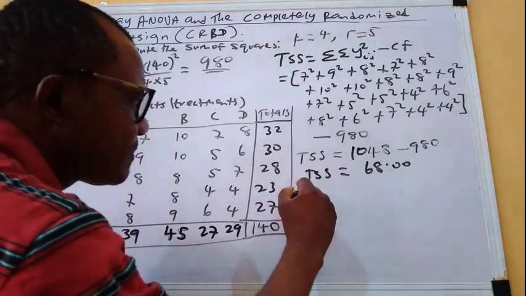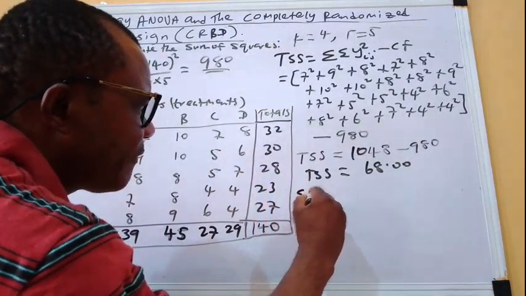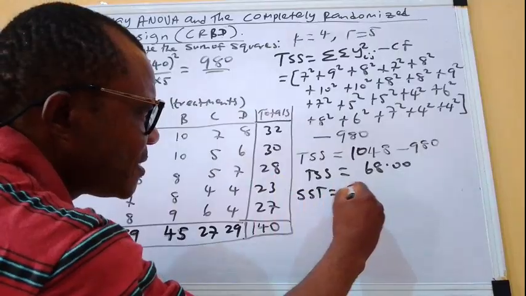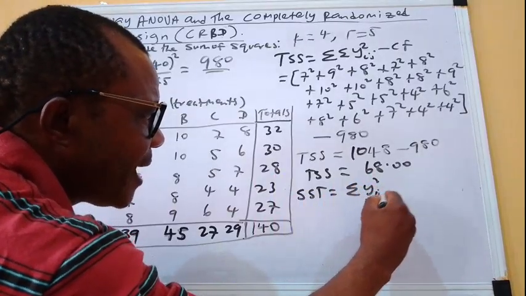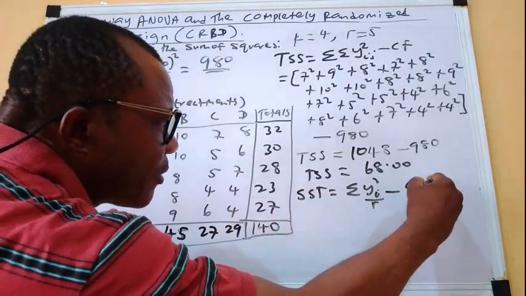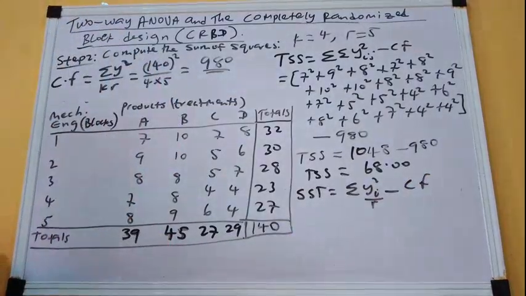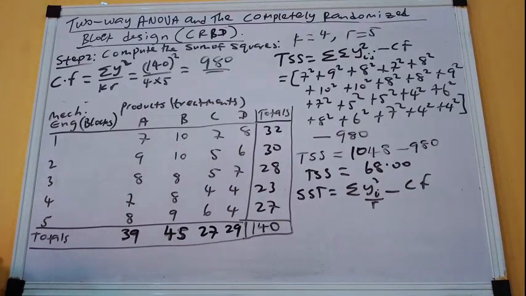Now the sum of square for treatment is given as summation yi square all over r minus the correction factor. That is what the sum of square for treatment is, and it's SST. So this is how it goes.